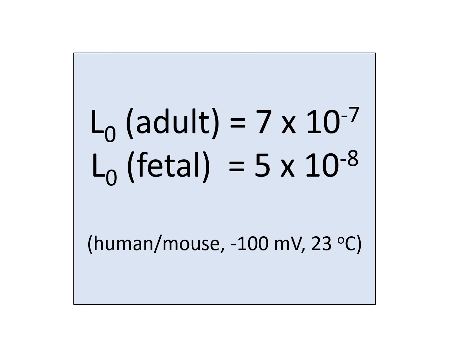These are the values of L0 for adult and fetal type nicotinic muscle receptors. The values are the same in both human and mouse receptors. The fetal type has about a 10 times lower level of constitutive activity.